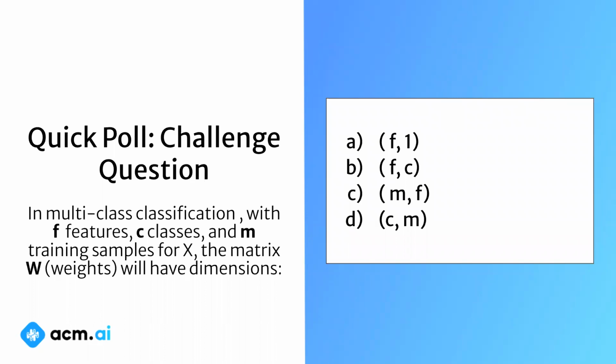So we need W transpose times x to be a vector of size classes by 1. If x is of size f by 1, then this is the only answer that makes sense, because with the transpose we get c by f times f by 1, which gives c by 1. That's also another way of thinking. By the way, it is b in this case.